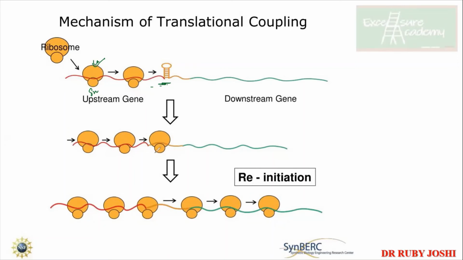You can see that the moment the ribosome reaches the stop codon of this particular ORF, it continues the translation of the second cistron. Clear? So this is how it happens in the case of translation coupling. So you have coupled two translations together without the need of RBS. Clear, guys?